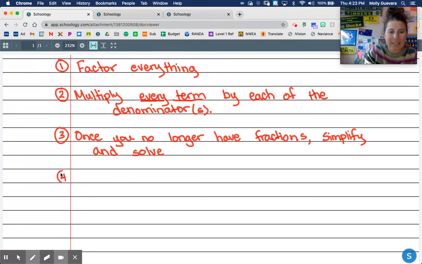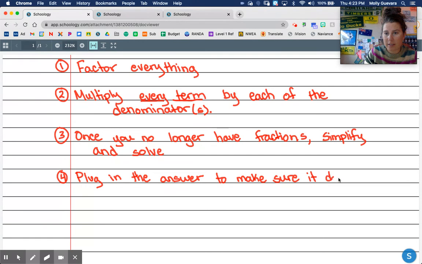And then the last step is, remember, we're not allowed to have 0 on the bottom of a fraction, right? So we are going to plug in the answer to make sure it doesn't give you 0 on the bottom.